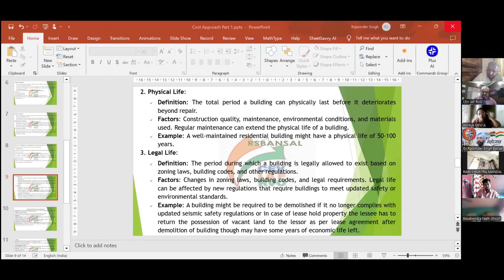For example, a building may be required to be demolished if it no longer complies with the updated seismic safety regulations.